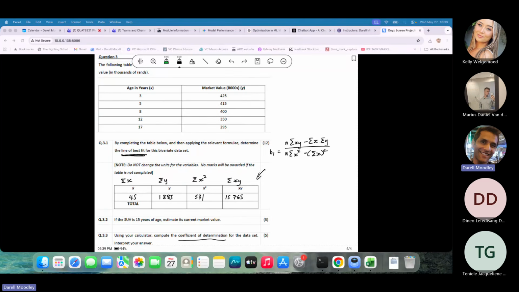Now n is simply how many rows of data you have. If you count the number of rows, right, you'll see that your n is 5. So here our n is equal to 5.